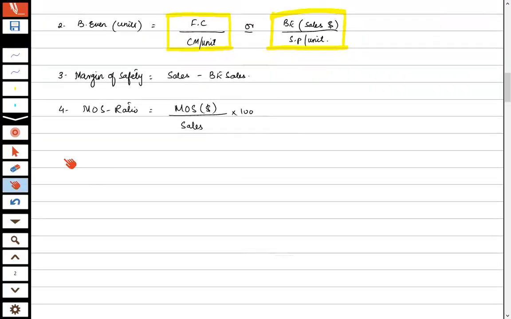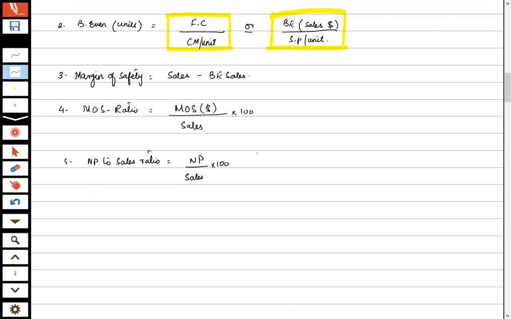Then there are some common financial accounting ratios that can also be calculated in some other ways. So it would be net profit to sales ratio. It is quite simple. Net profit divided by sales multiplied by 100.